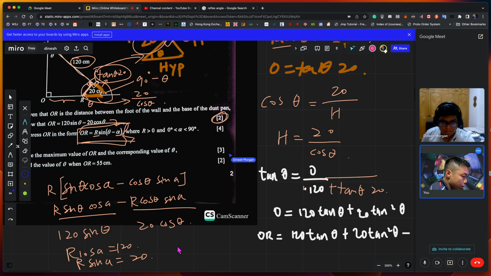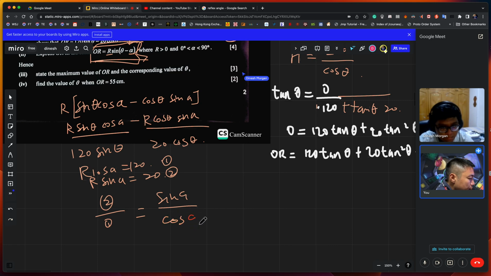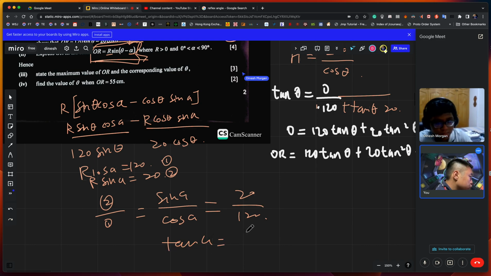So this is 1, this is 2, so 2 divided by 1 and you will get sine A over cosine A equals 20 over 120. Tangent A is equal to 1 over 6. That's how you get your alpha.